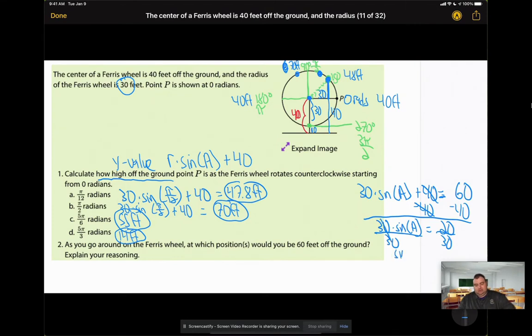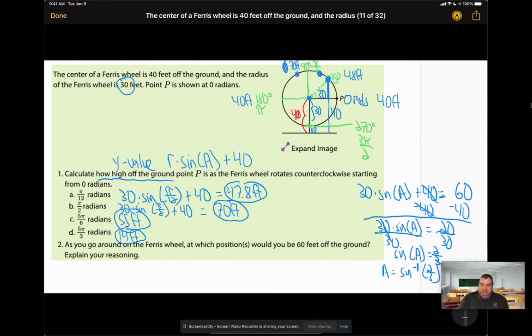Then I'll divide both sides by 30. Okay, so I'm going to have sine of A equals 2/3. 20 over 30 is the same as 2/3. So to figure out the angle, remember I have to do the inverse sine of 2/3. So that's sine to the power of -1 of 2/3.